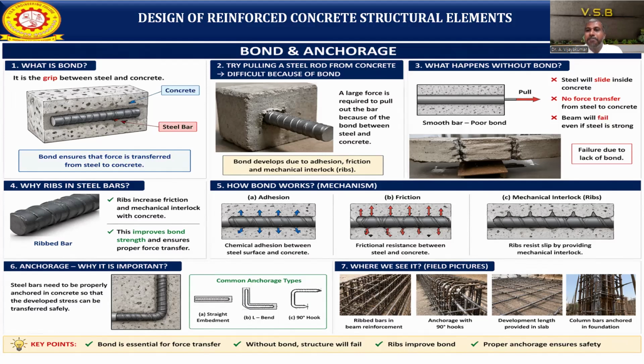Then friction develops: the frictional resistance between the steel and concrete. Then there is mechanical interlock: all the ribs interlock into the concrete. So ribs resist slip by providing mechanical interlocking. These are the mechanisms of bond behavior inside the concrete.